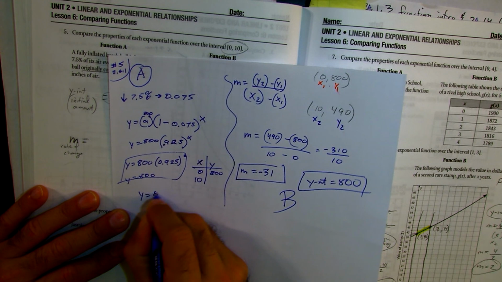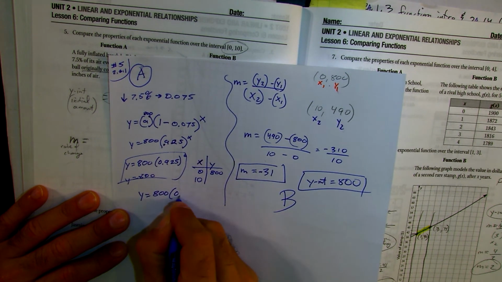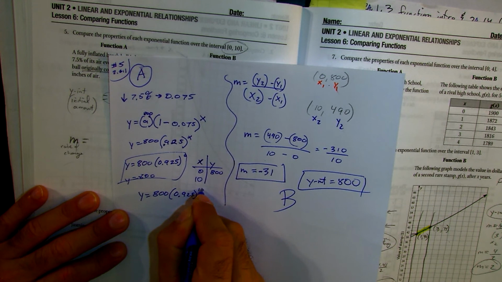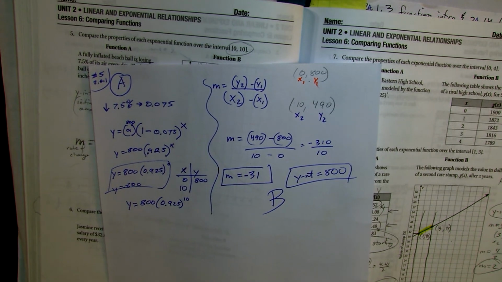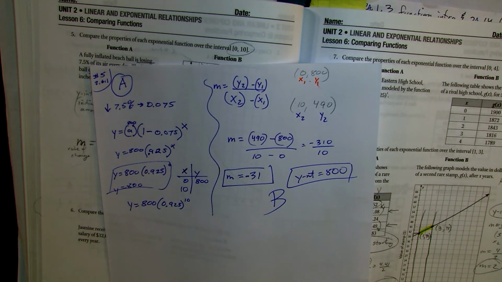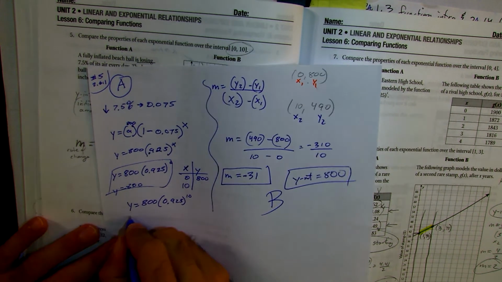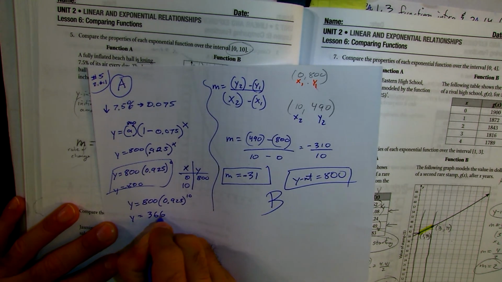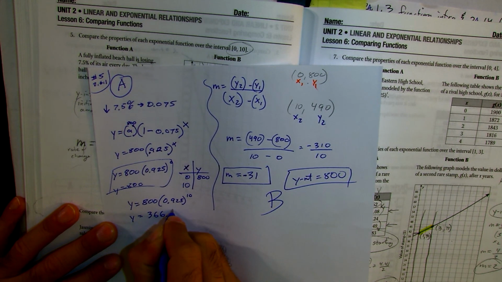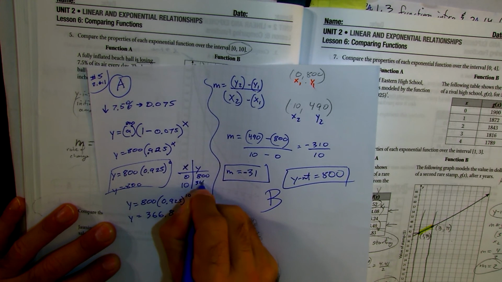Now let's do it for 10. 0.925 raised to the 10th times 800. Y is 366.8.